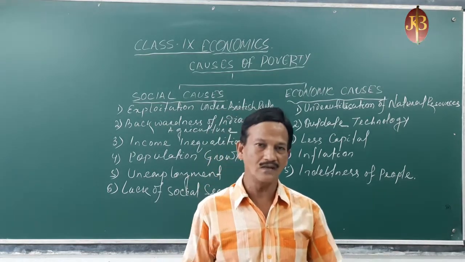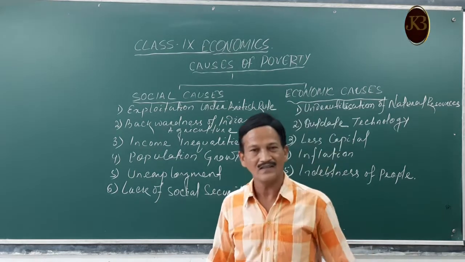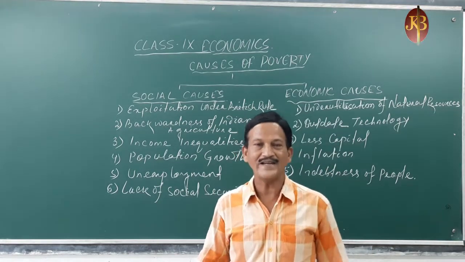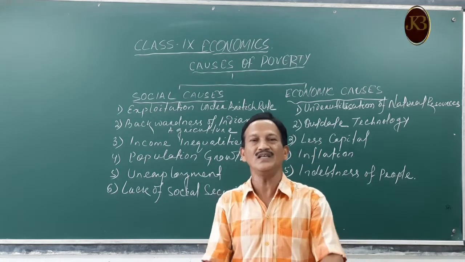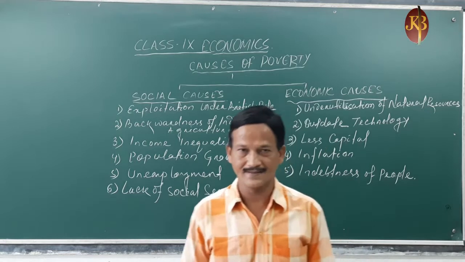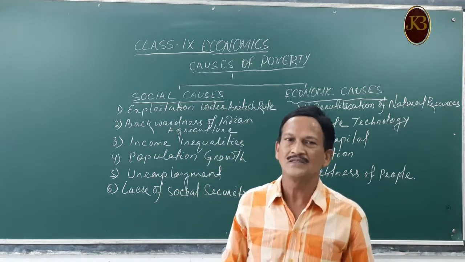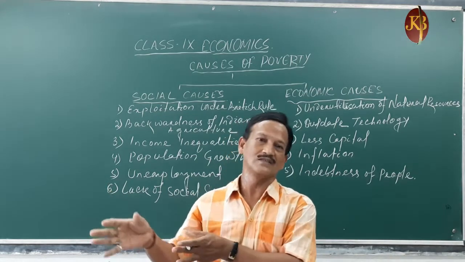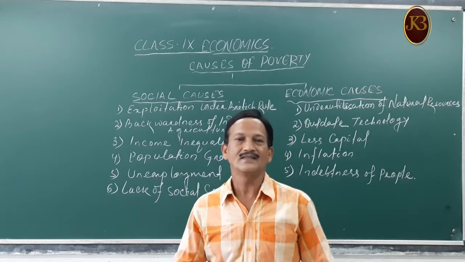They become idle. So in a country with a huge population like India, economic growth will be slowed down, because the people who are poor, their contribution is zero or nil.